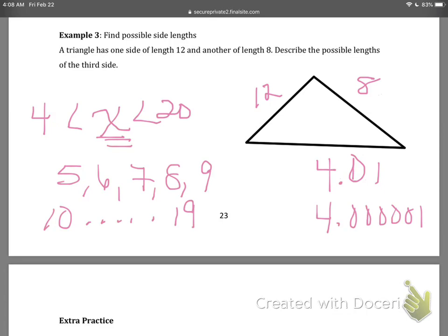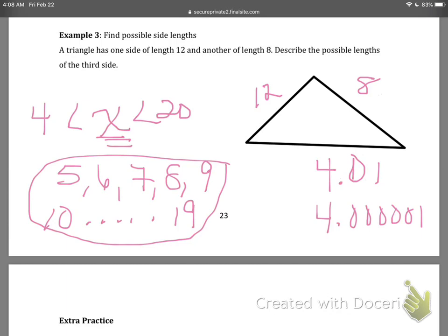So just to recap, when I want to figure out a missing side, it's not just one number that it's going to equal. It can be a range of numbers. And to do that range, put your x in the center. Add the two sides they gave us, which was 12 and 8, and that gives us 20. That gives you what x has to be less than: 20.